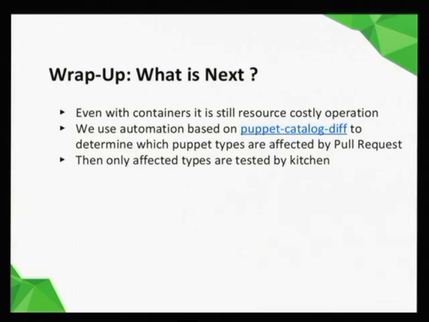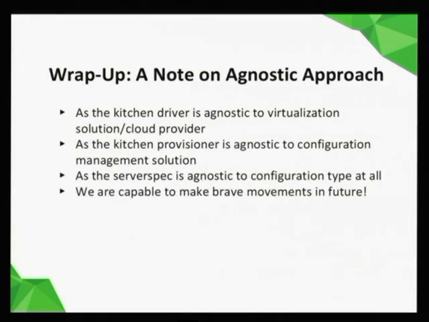It is by itself useful as feedback for the developer, assuming that in this list some type appears that the developer didn't expect his code to influence. And this list can be used as input for Test Kitchen, and it will run only relevant types, which will make things much faster.